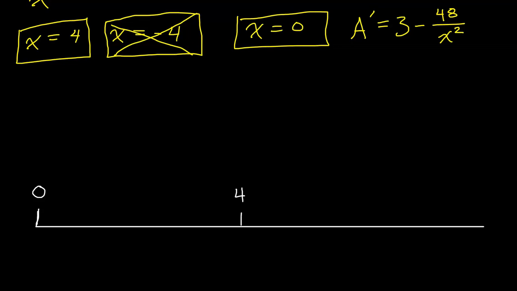So in the first interval, let's pick the number 1 as a test value, because that's just easy to use. And in the second interval, let's pick the number 10 actually, because it's just easy to do the math with the number 10.